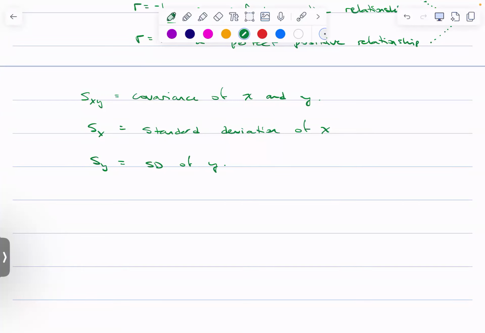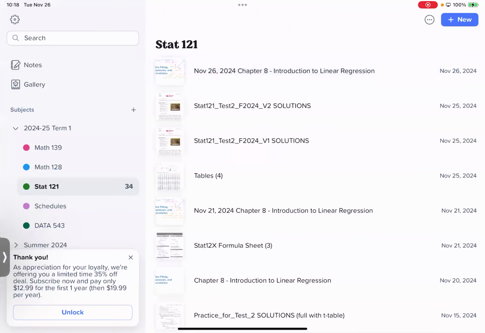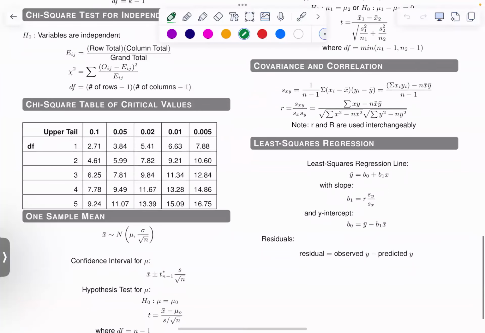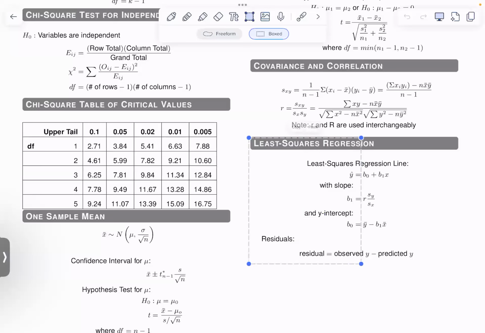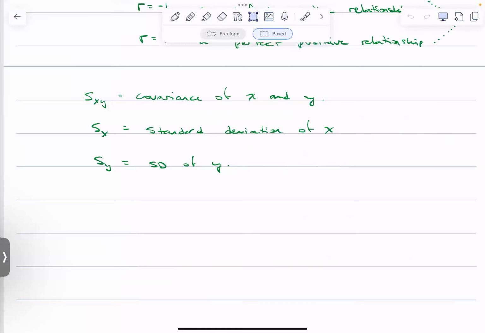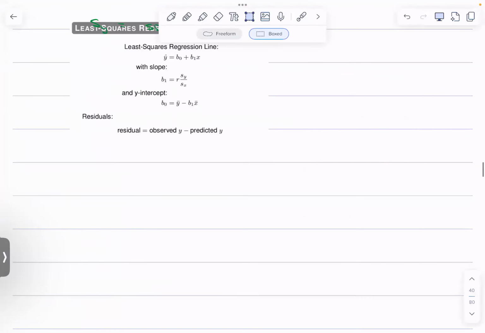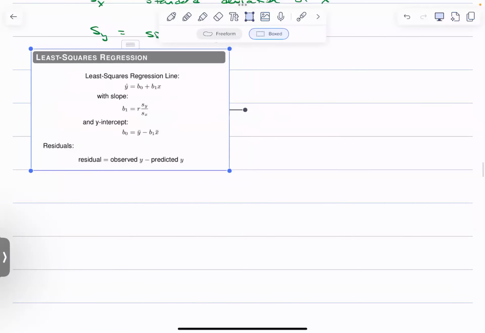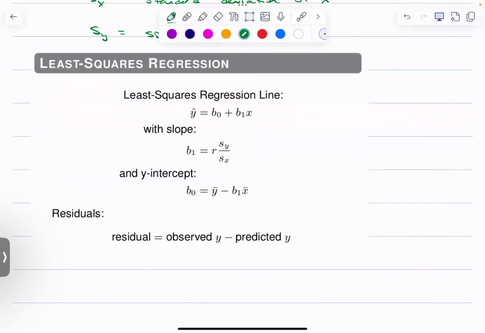Okay, nice. So our goal, right, was to build a regression equation. Now, a regression equation, and instead of writing it out, I'm just going to steal it from your formula sheet so that you can see how you'll have it. The least squares regression line is just a line of best fit.